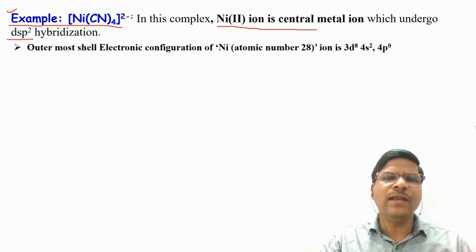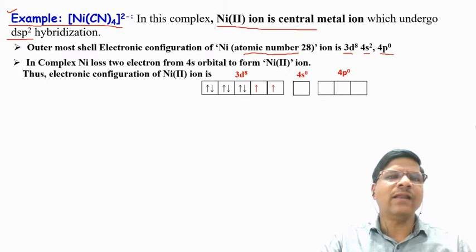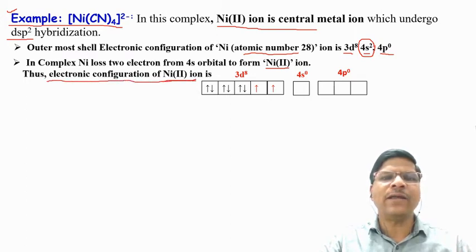The nickel atom has atomic number 28 and outer shell electronic configuration 3d8 4s2 4p0. But in the complex ion, nickel is in the +2 oxidation state. So nickel lost 2 electrons from the 4s orbital and formed the nickel 2 plus ion. Thus the electronic configuration of nickel 2 ion becomes 3d8 4s0 4p0.